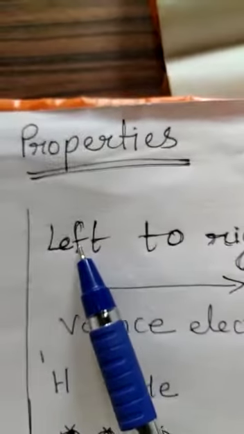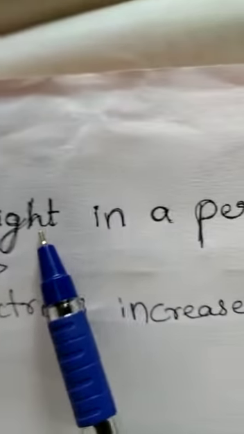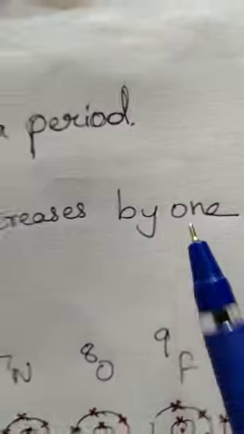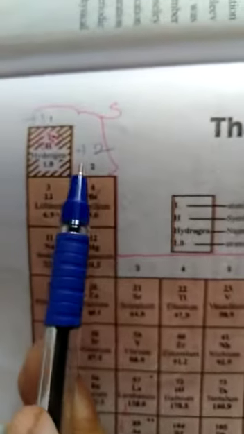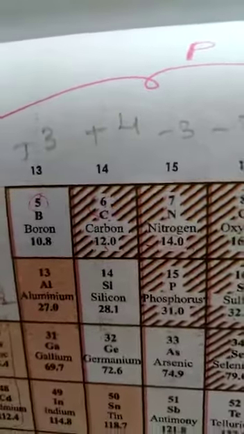Going from left side to right side, valence electrons increase by 1. When we are coming from top to down in a group, the shell increases by 1.